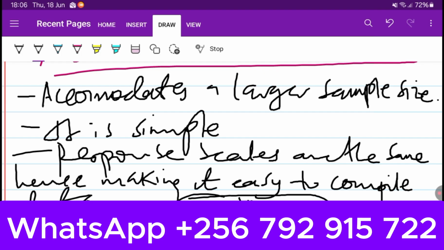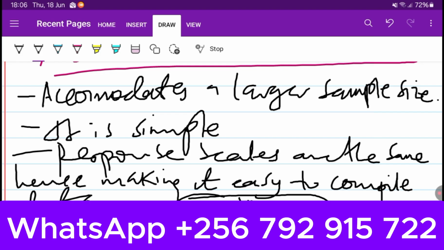So on all questions, you have the same response scale, whereby someone can just pick a 5 throughout, and it gives you 5 stars.